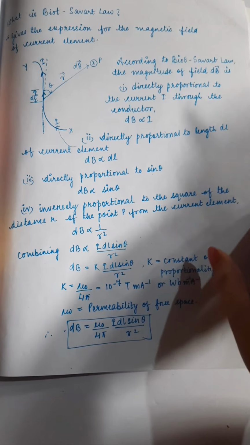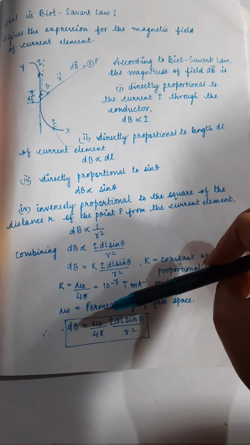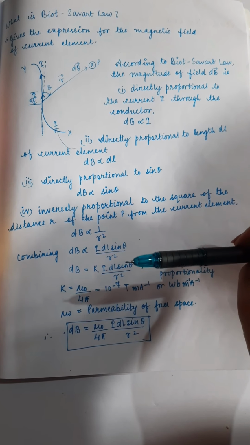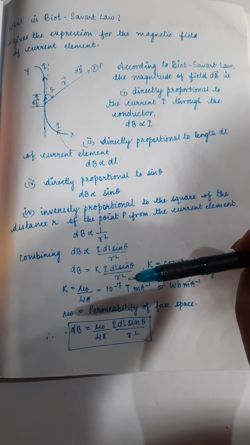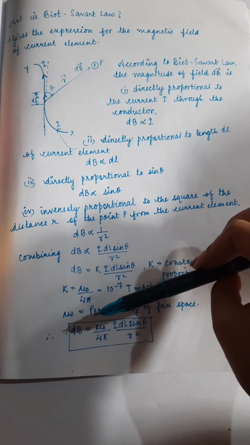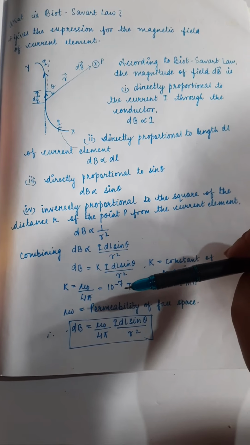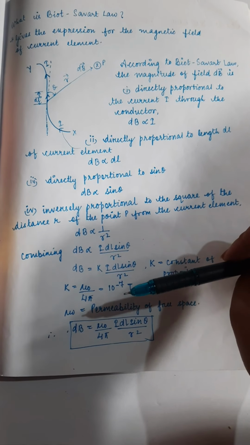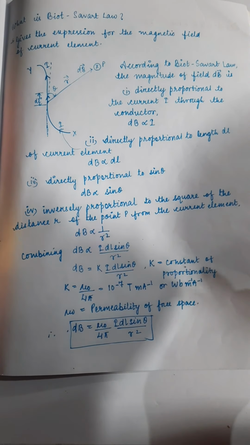Now when we combine all this, we get the final expression, that is dB is equal to mu 0 by 4 pi I dl sine theta by r square, which is the required expression for Biot Savart law. And here we see that the magnetic field is dependent on I dl sine theta and r square. So this is all about Biot Savart law.